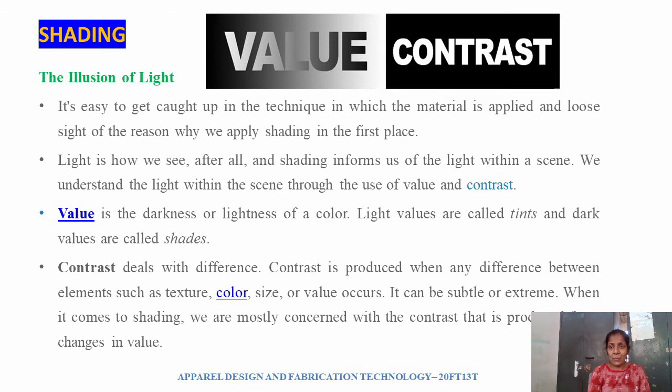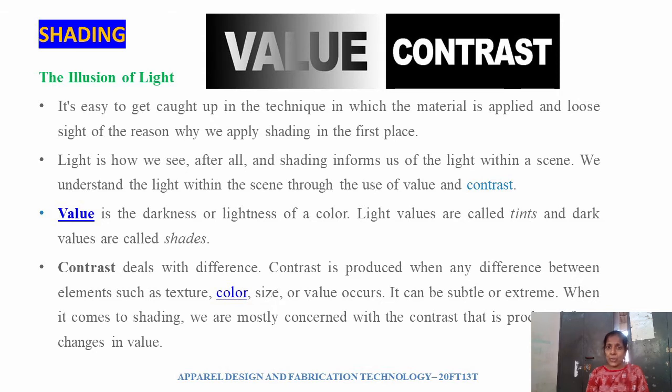What is value? Value is the darkness or lightness of a color. Light values are called tints and dark values are called shades. And contrast deals with the difference.